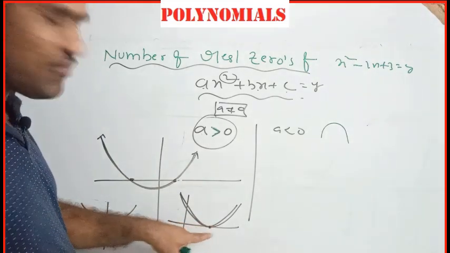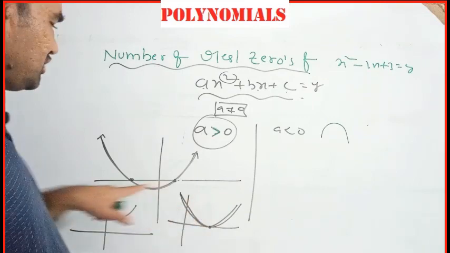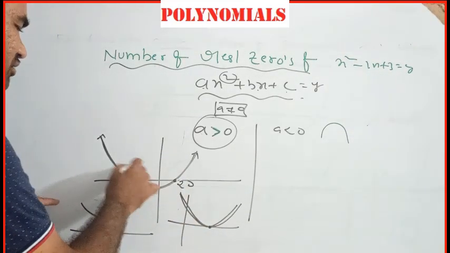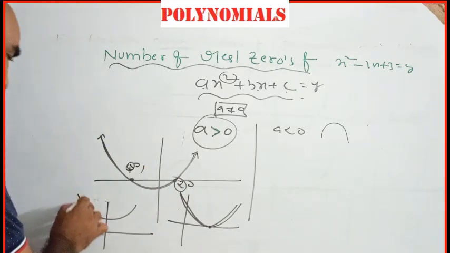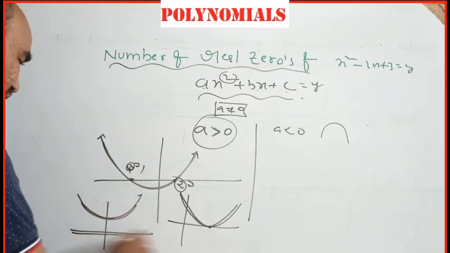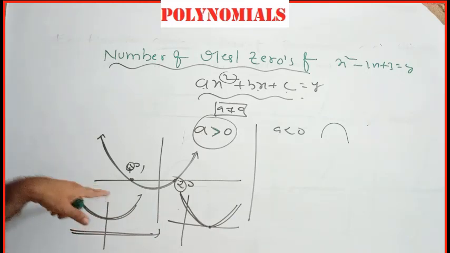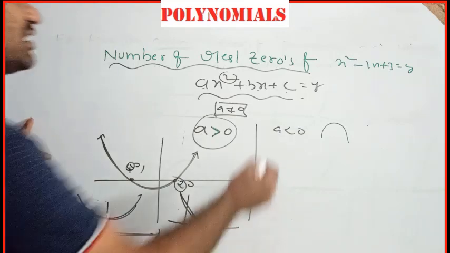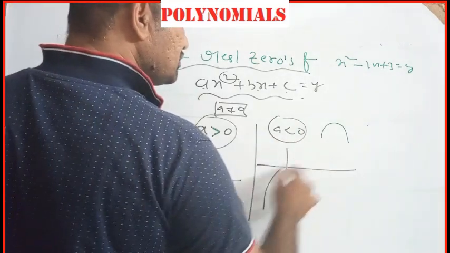For example, this point is alpha comma 0, so alpha is the zero of that polynomial. This is alpha comma 0 and beta comma 0, so alpha and beta are the zeros of this polynomial. In this case, the graph never touches or intersects the x-axis, which means there are no real zeros for this polynomial. Okay, in the a less than 0 case, here also 3 cases will arise.